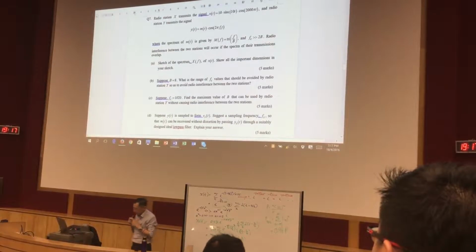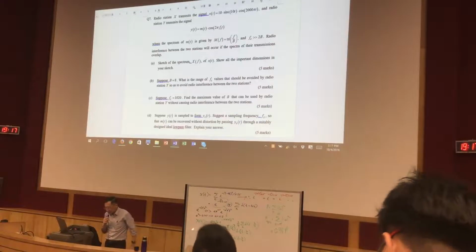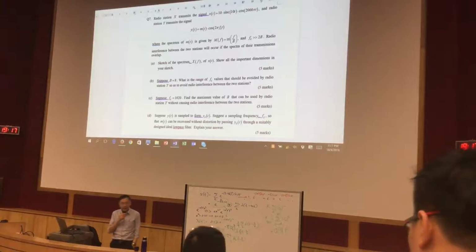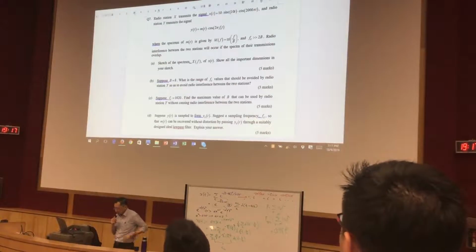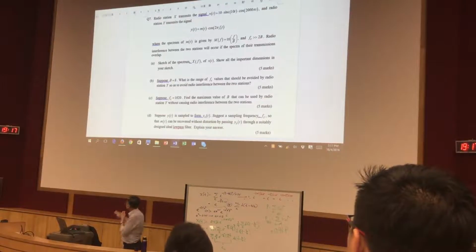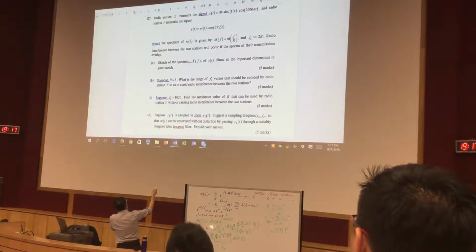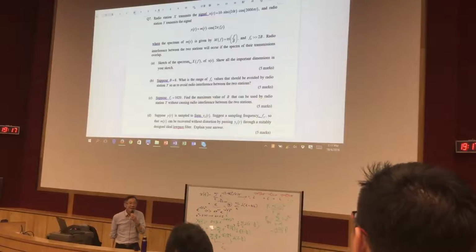Radio station X transmits the signal 10 sinc 10t cos 2000 pi t, and radio station Y transmits the signal y(t) as shown. So signal X is this sinc function times cos 2 pi ft. So f must be 1000 hertz.